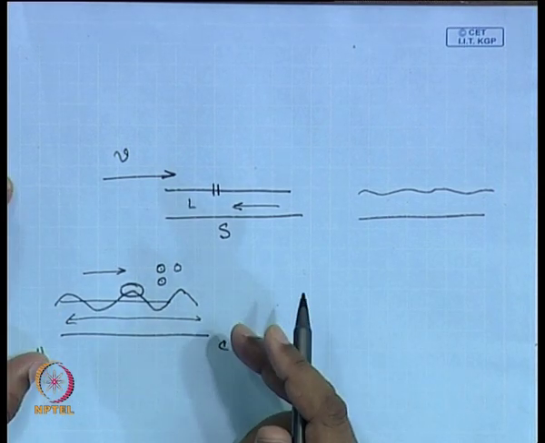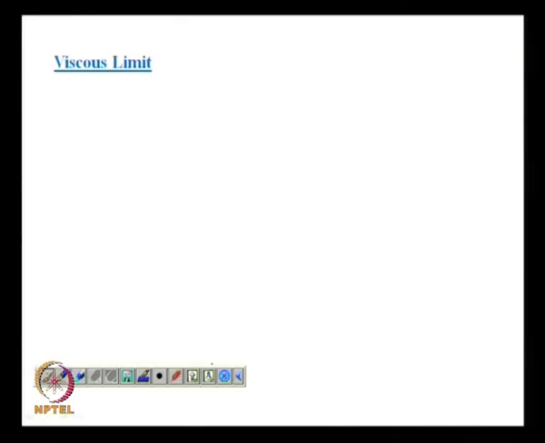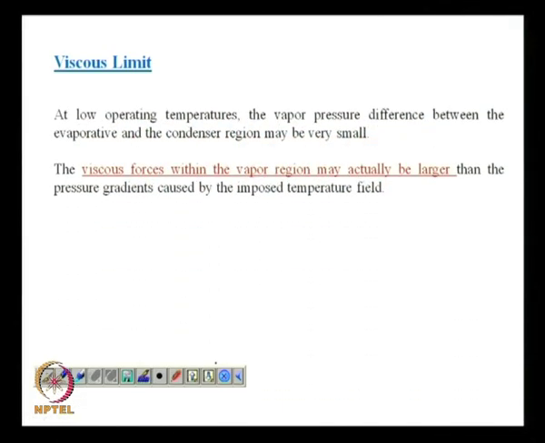So, entrainment and sonic limits we do not encounter very often in micro heat pipes, only in those heat pipes operating at very high heat flux, and those are standard or macro heat pipes, mostly not micro heat pipes. But at the other end we have a situation where, let us say, the operating temperature is quite low, and we have a very small vapor pressure difference between the two sides.